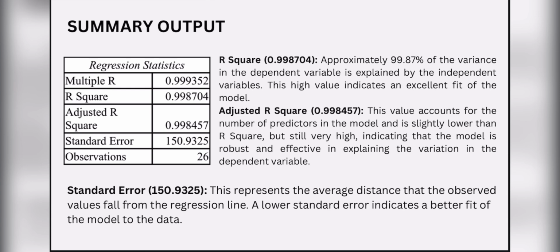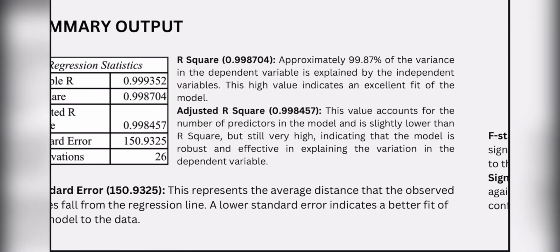The standard error is 150.9325, which also shows that the regression is a good fit to the model, as we know that a lower standard error indicates a better fit of the model to the data.